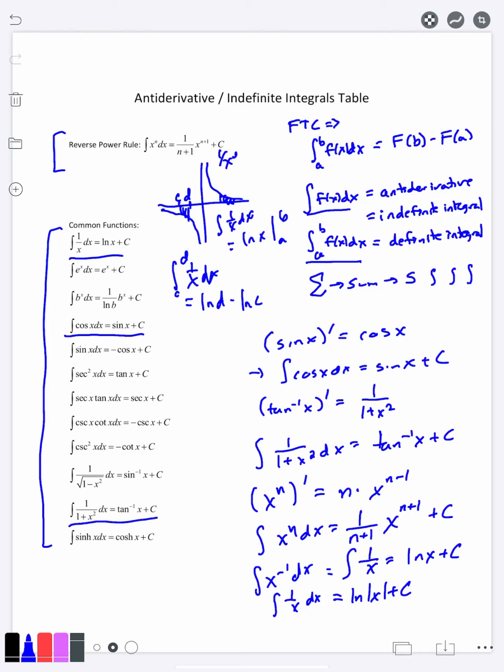You can prove that the antiderivative will still work if instead of just doing ln x, you do ln of the absolute value of x, and then when you take the absolute value and plug it in, you won't have a problem. So I wanted to point that out in case you see it elsewhere. With that in mind, when we're doing antiderivatives, I'm not going to worry too much about the absolute value sign there.